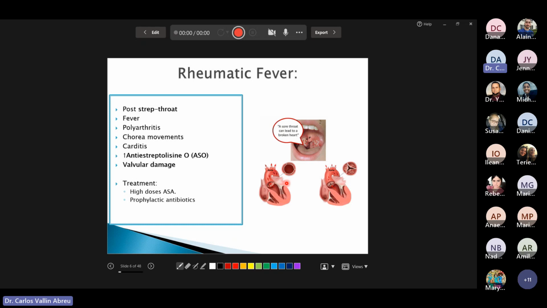And the person can be left with an incompetence or a stenosis, a narrowing, of those valves. Those valves are placed there with a purpose, to prevent the blood from going backward after being moved forward. So now that those valves are incompetent or too narrow, they are going to produce serious problems, depending, of course, on the severity of the damage. And those persons that suffer rheumatic fever can be left with a murmur and with a heart failure that they didn't have before.